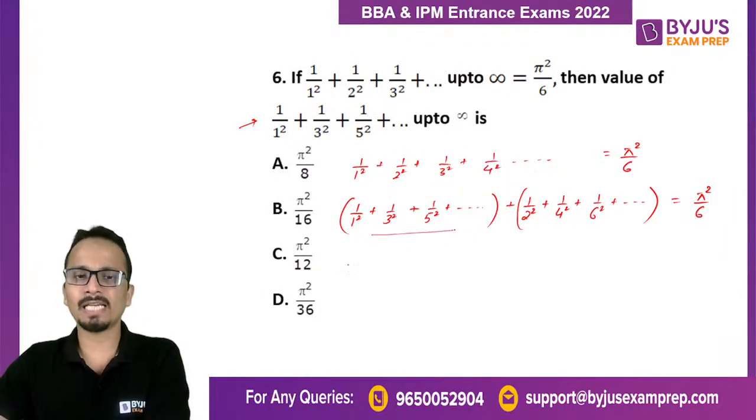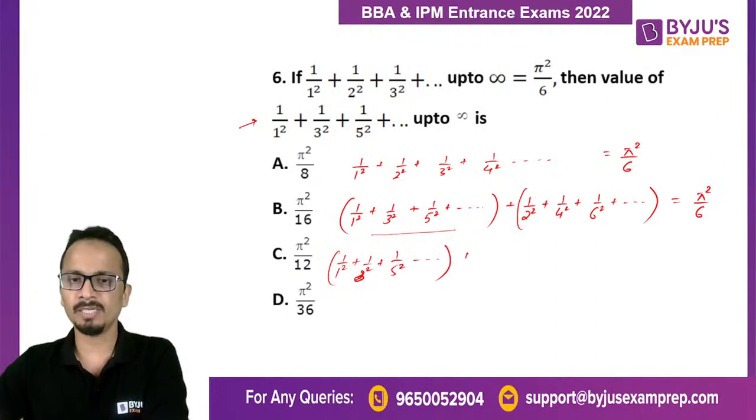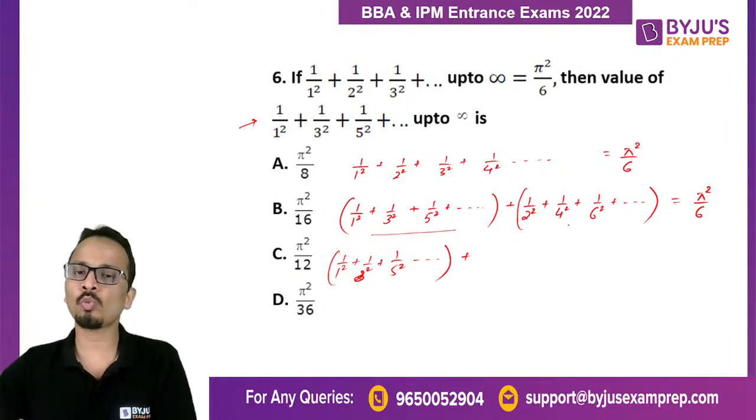We'll keep this portion as it is. 1 upon 1 square plus 1 upon 3 square plus 1 upon 5 square and so on up till infinity, plus from the second bracket, from the denominators, I can take 2 square common.